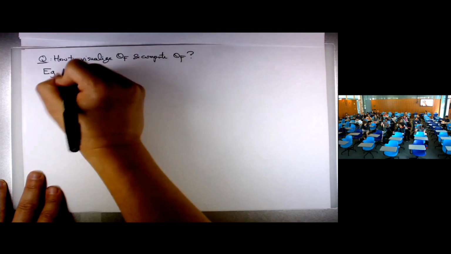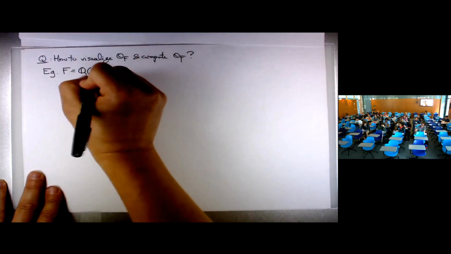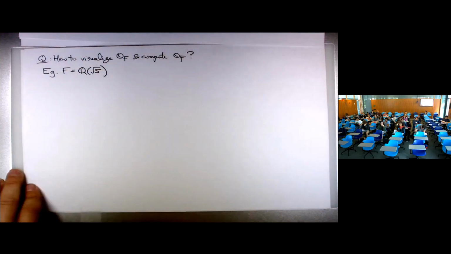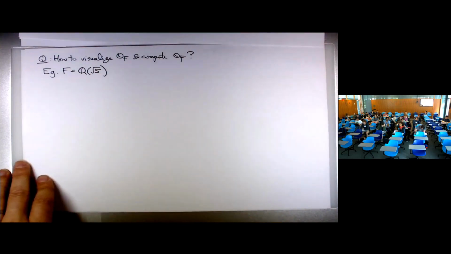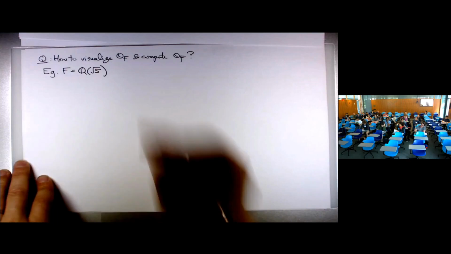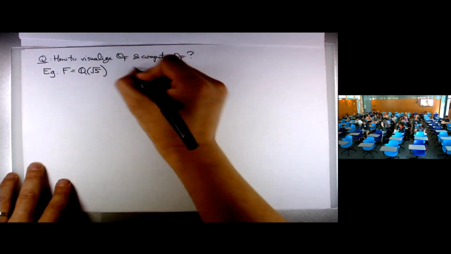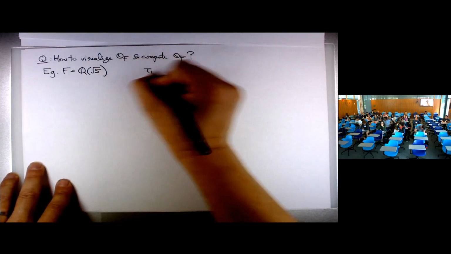I want to use F equals Q adjoin the square root of 5. We talked about earlier that for every number field, the number of embeddings is the degree of the extension. So I have two embeddings, tau_1 and tau_2.